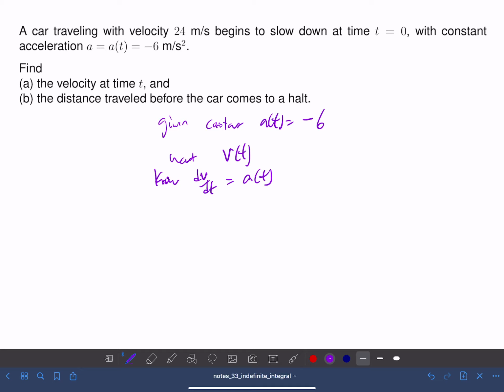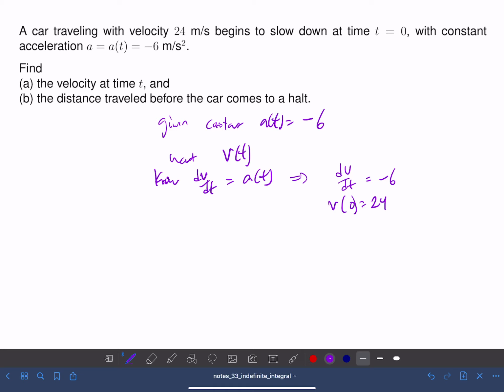So I know dv/dt equals minus 6. And furthermore, I know that the velocity at time 0 is 24. So I also know that v of 0 equals 24.